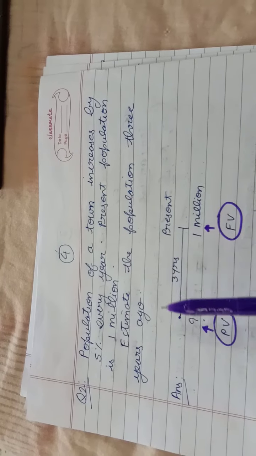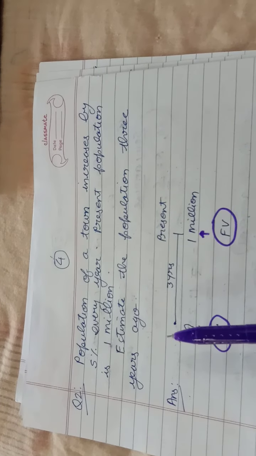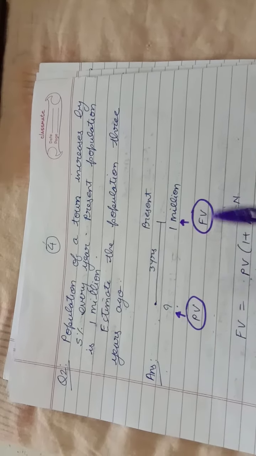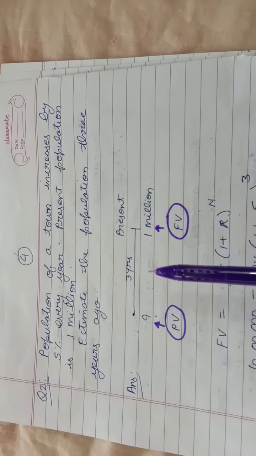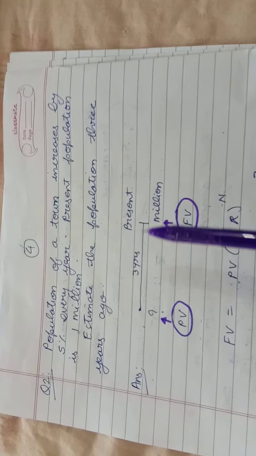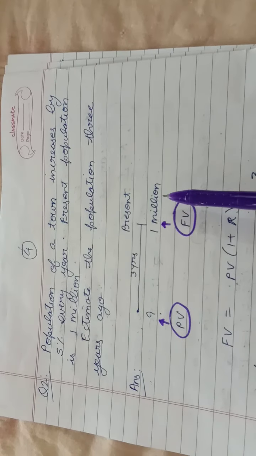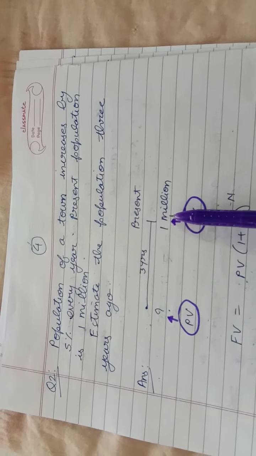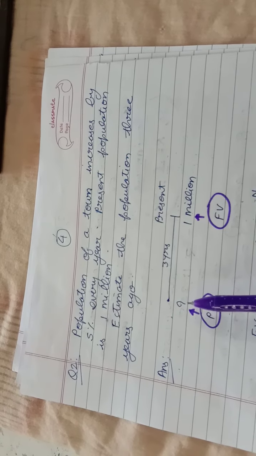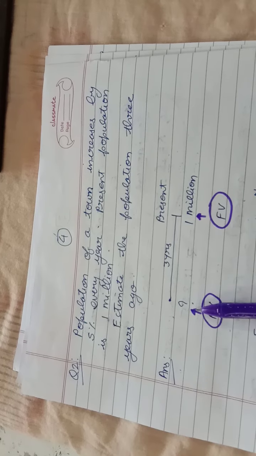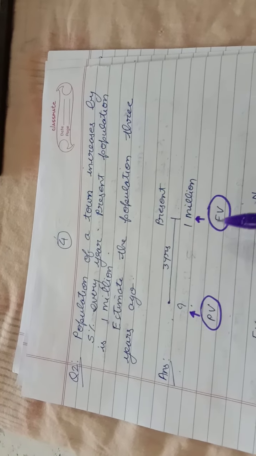You have to go back 3 years. So how you are going to present the problem is, you consider that it's not population, say it's an amount. The amount over here is 1 million and you are supposed to calculate the amount over here. So this is actually the present value and this is the future value.